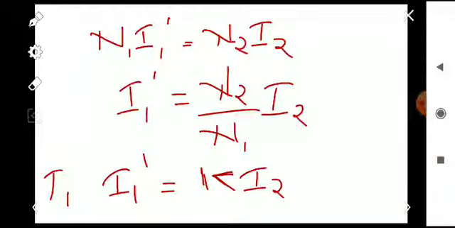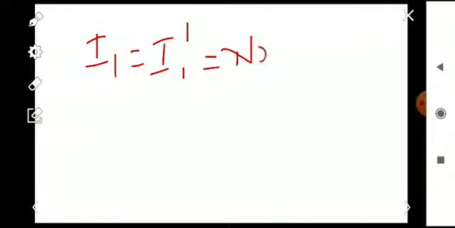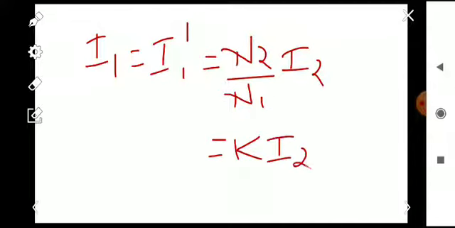So we can write I1 is equal to I1 dash is equal to N2 by N1 into I2, that is equal to K into I2. So this is the basics of a transformer on load.